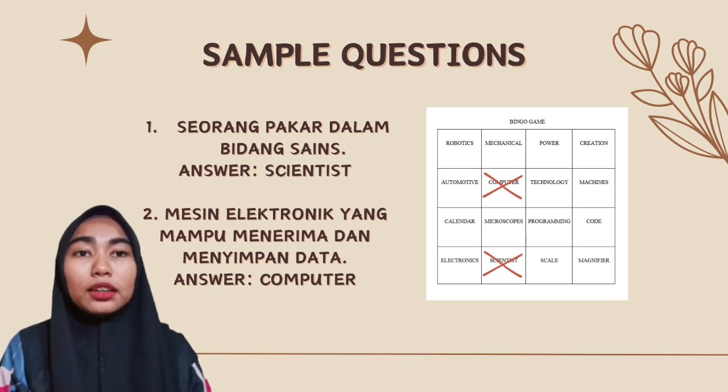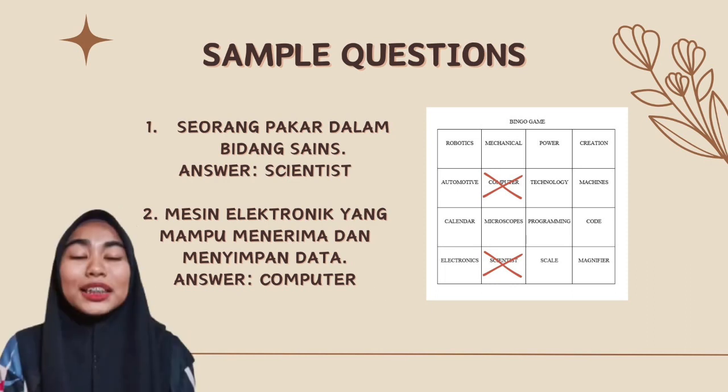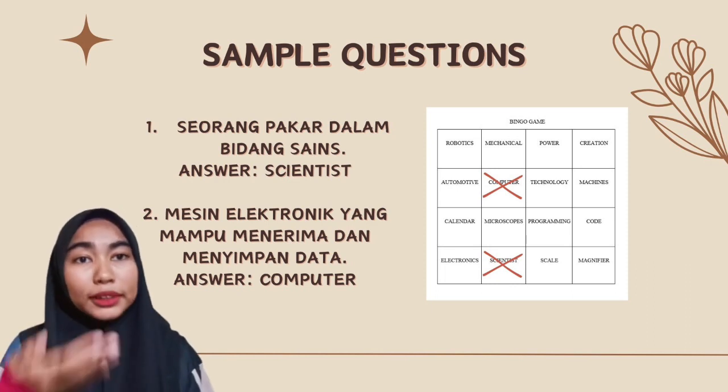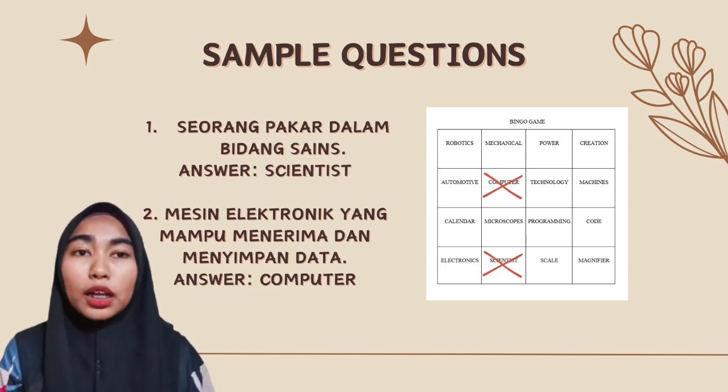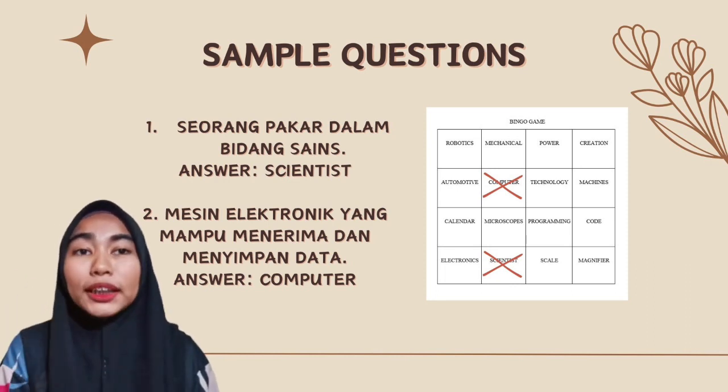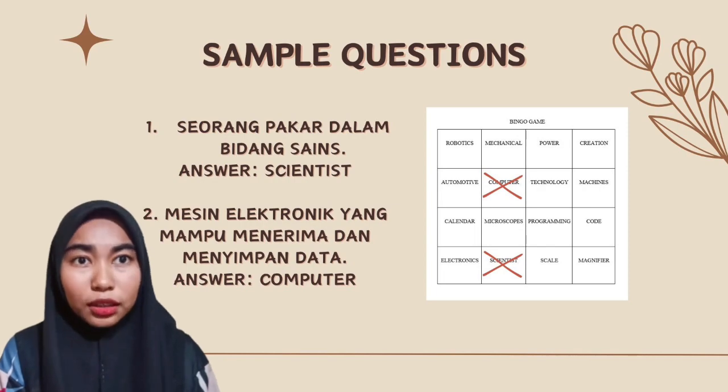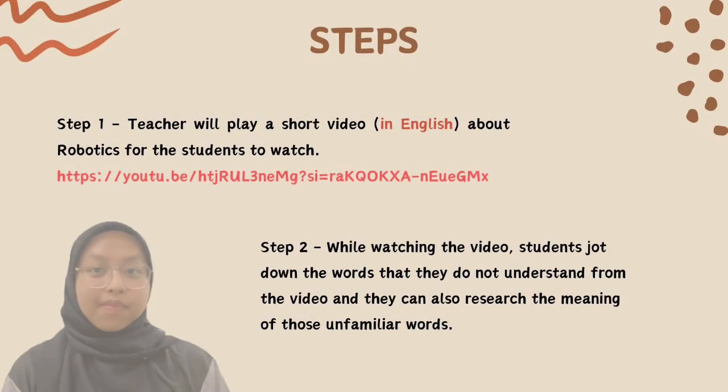The next description is "mesin elektronik yang mampu menerima dan menyimpan data", and the answer is computer. So the students cross out the box that contains the word computer. The activity proceeds until at least one pair manages to cross out 4 boxes vertically or horizontally in lines.